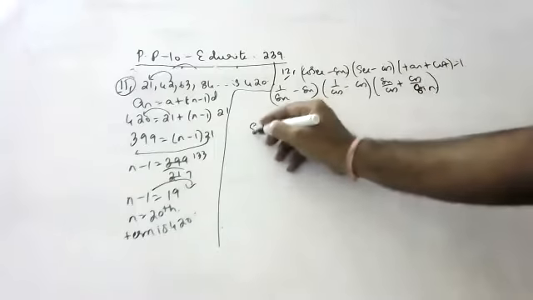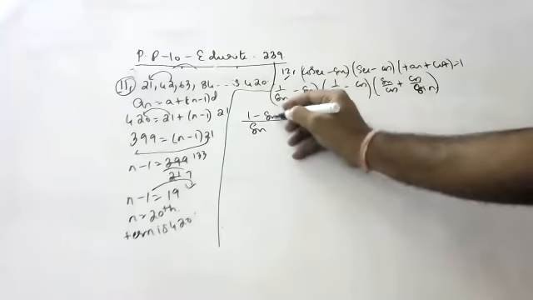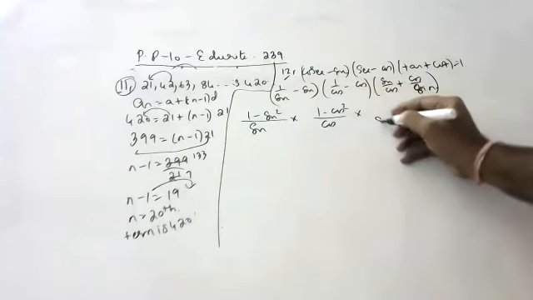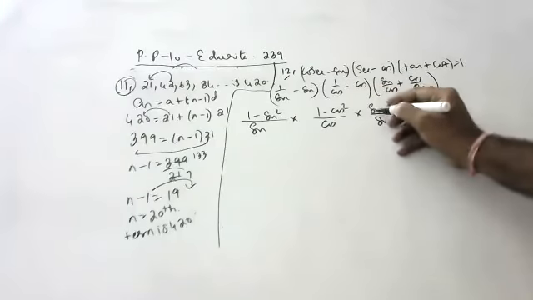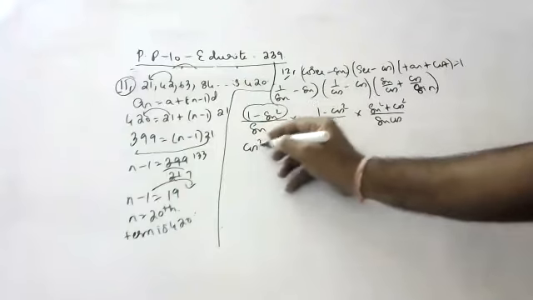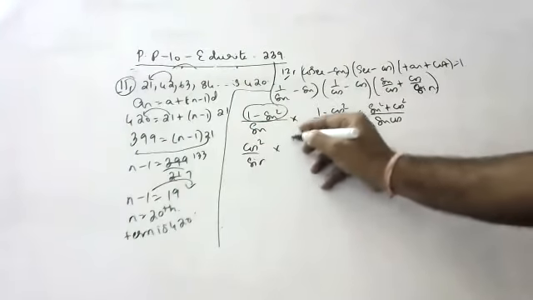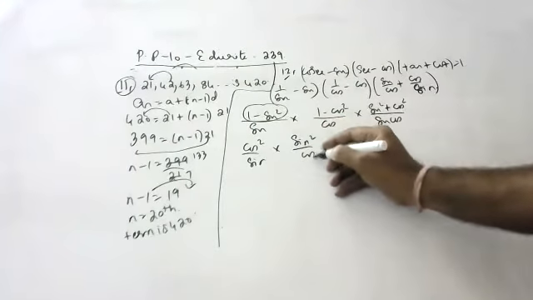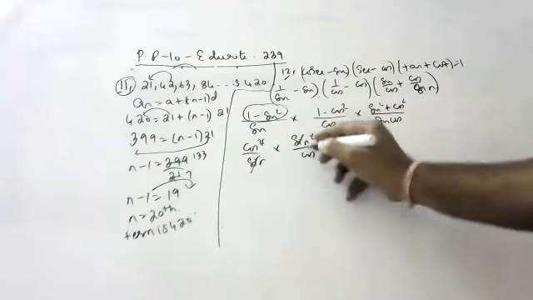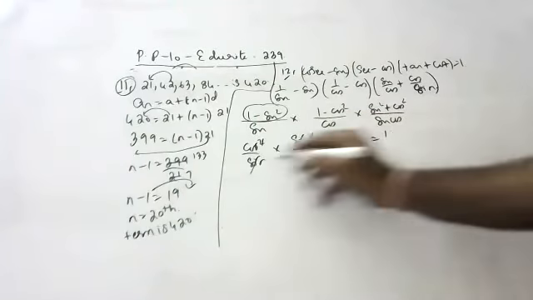Taking LCM, 1 minus sine square, 1 minus cos square, into sine square plus cos square. 1 minus sin square is cos square by sine, into sine square by cos, into 1 by sine cos. Cancellation, 1. So this is going to be 1.